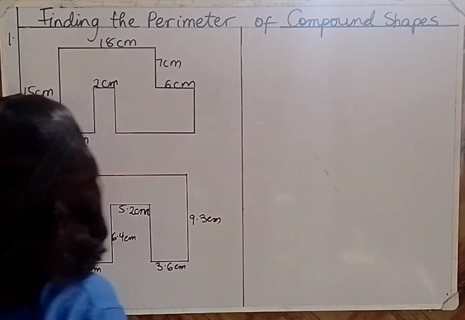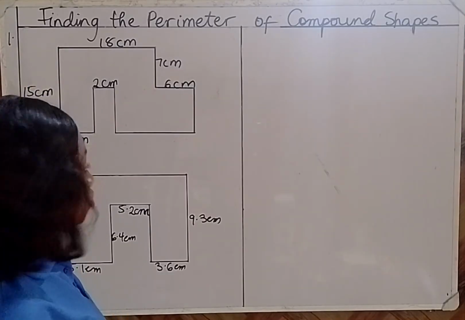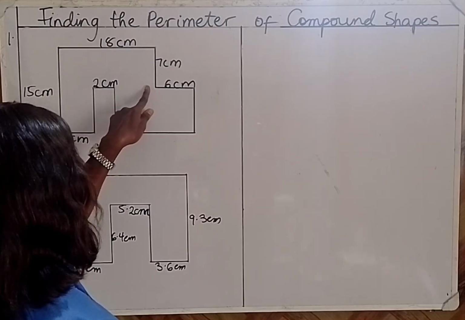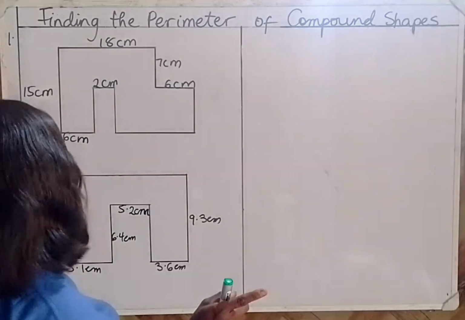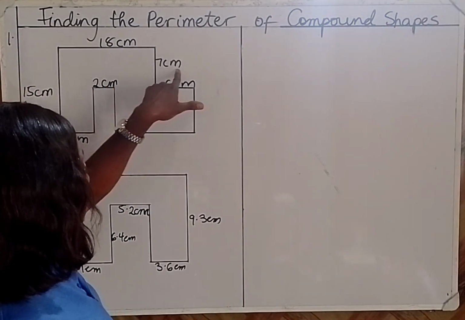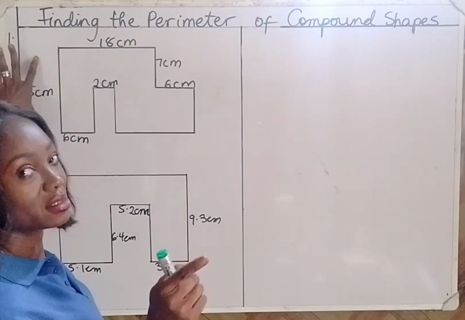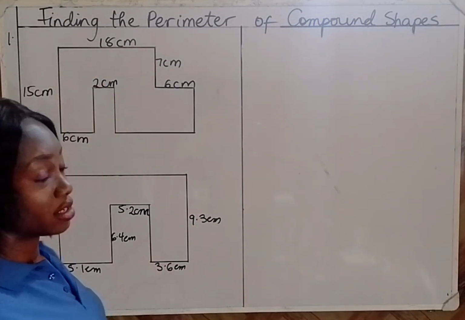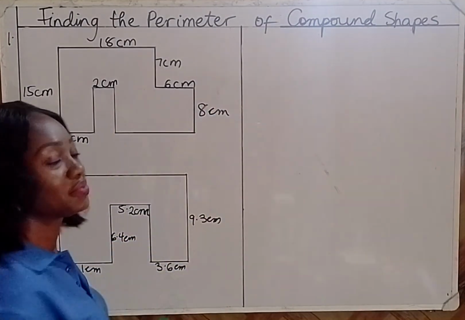Now let's go. If this length here, which is the full length, is 15 centimeters, and we are given the length here of 7 centimeters, what does that mean? It simply means that we're going to take away these 7 centimeters from the full length of 15 centimeters. 15 centimeters minus 7 centimeters will give us 8 centimeters.